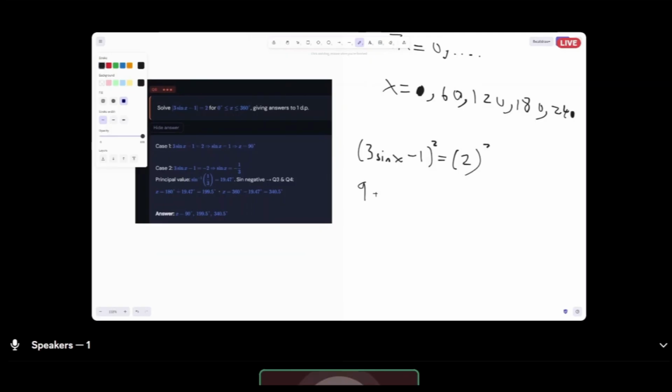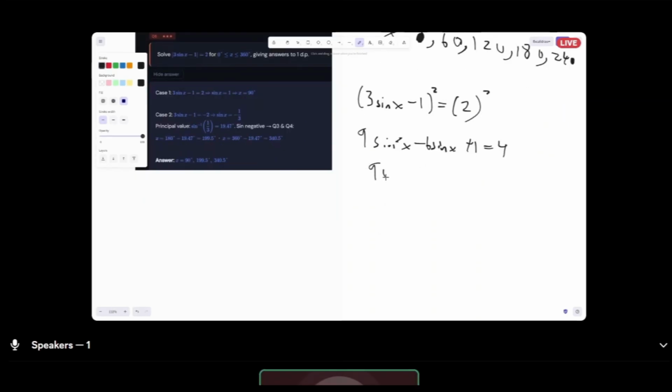So boom, boom, that's 9 sine squared minus 6 sine x plus 1 equals 4. So 9 sine squared minus 6 sine x minus 3 equals 0. So divide by 3: 3 sine squared minus 2 sine x minus 1 equals 0.